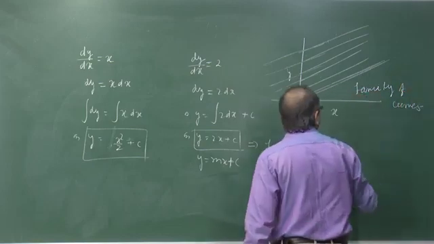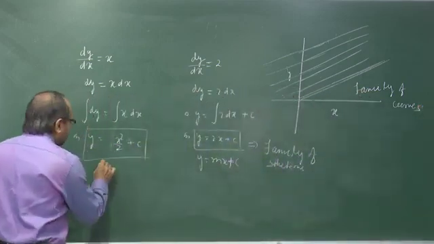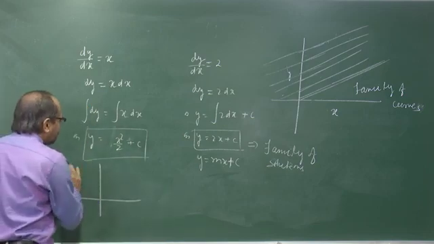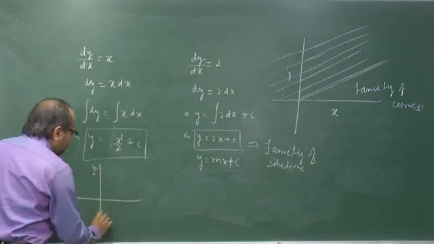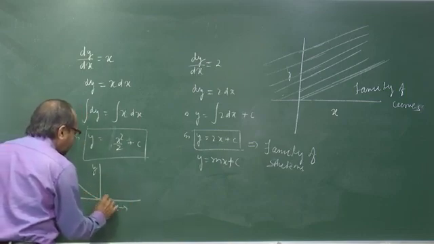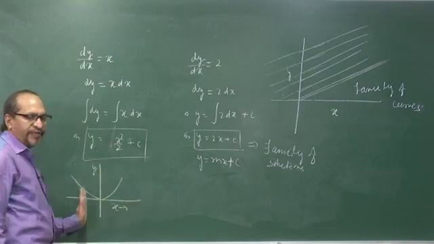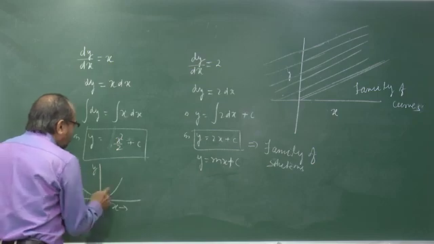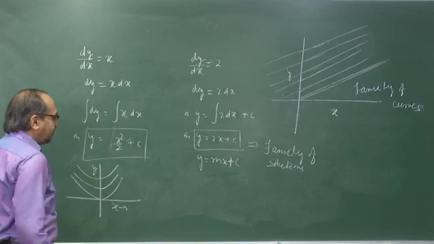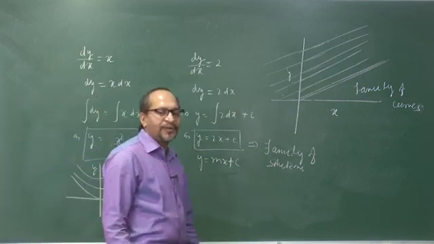Similarly, if we plot this one, y versus x, it is a quadratic function. If c is equal to 0, the graph will be like this. I have already discussed that an even function is symmetrical about the y axis, and for c is equal to 1, say it is like this, c is equal to 2, say like this. So, again you get a family of curves.